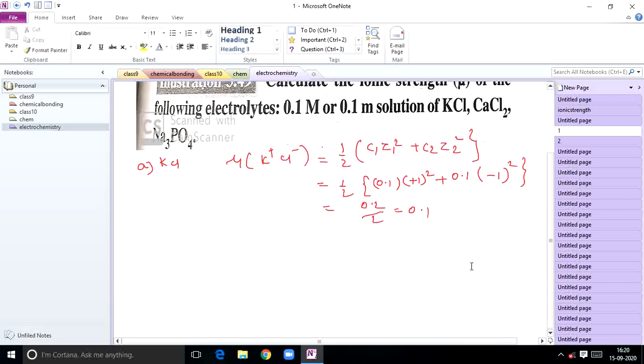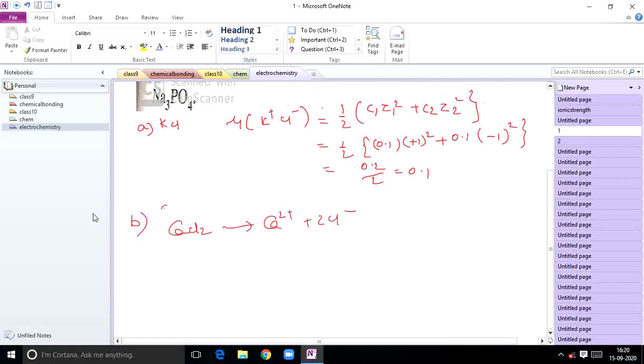Now, for calcium chloride, how you are going to do this? CaCl2. So for CaCl2, suppose if you split this CaCl2, Ca2 plus plus 2Cl minus, right? So initial concentration, initial here how much it is given? Initial concentration 0.1, and here it will be 0 and 0.